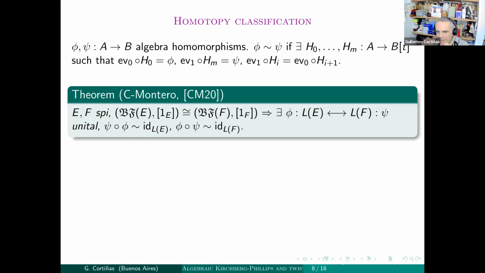Yeah. And this is the part that, I mean, at least I have no idea how to reproduce in the purely algebraic setting, but at least we can get up to the homotopy classification.